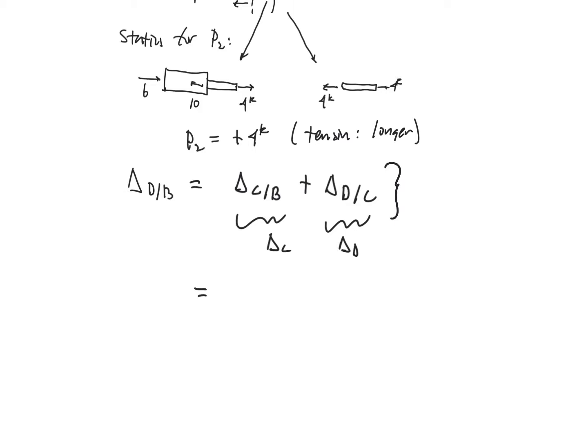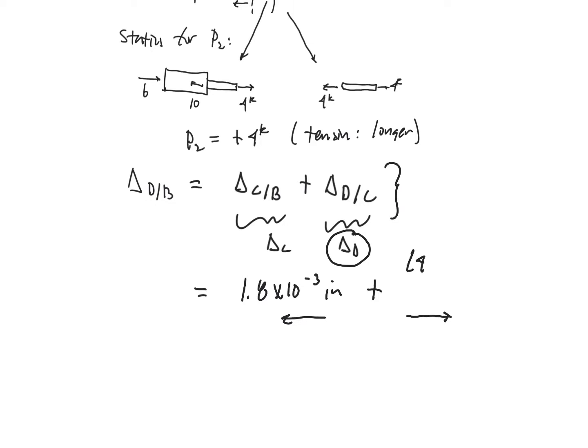So remember, the first part we already did. That's 1.8 times 10 to the minus third inches to the left. Plus, then, we're going to have the movement of D relative to C. Remember, that's stretching. So the bar is going to be growing. So that means D, no matter what we have as a number, is going to be going to the right. So that would be our PL over AE.